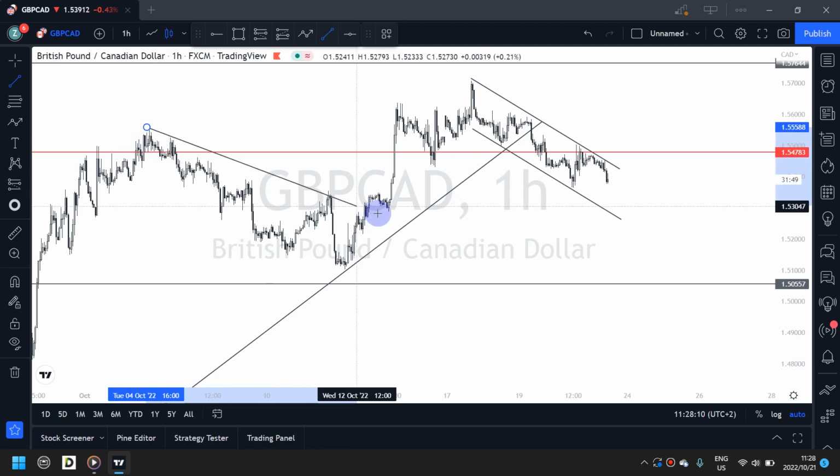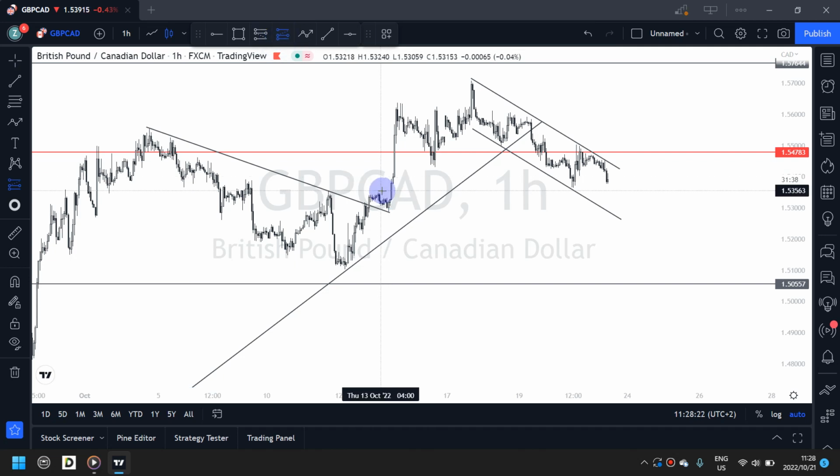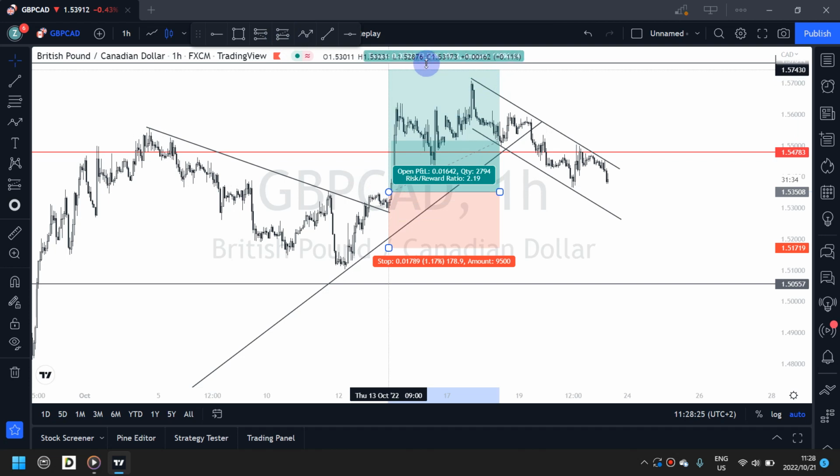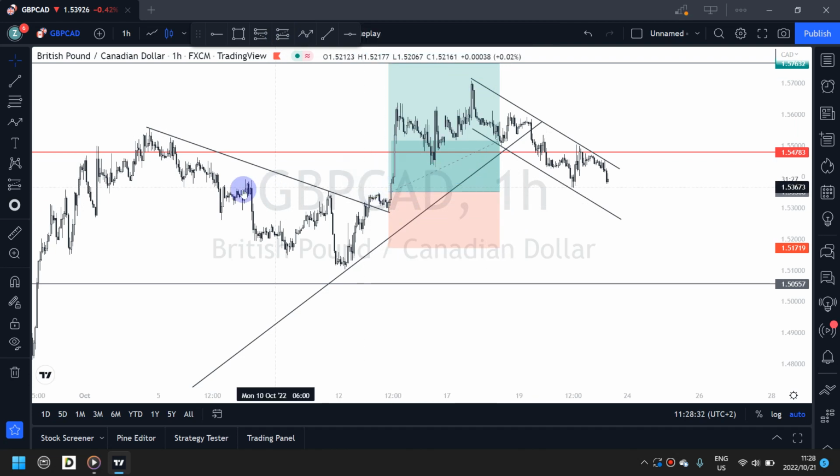Previously, if you look into my short videos, I had the sell trend here, and I had a buy there, right? And my take profit was at my key level there at the top. So what I did was lock my profits at this red key level.